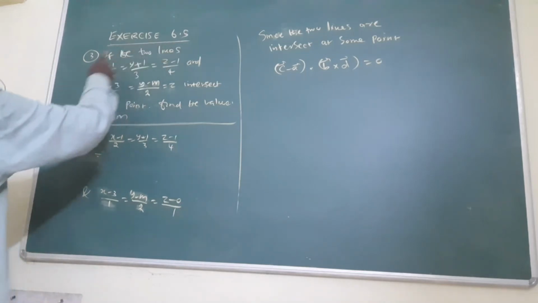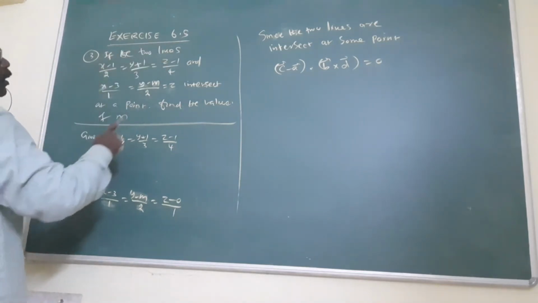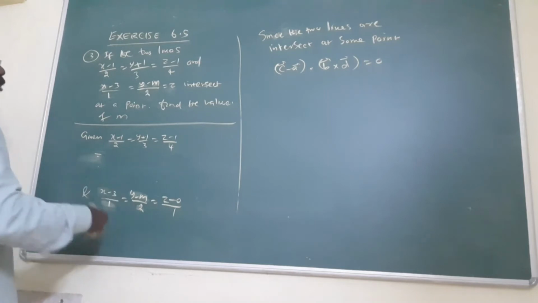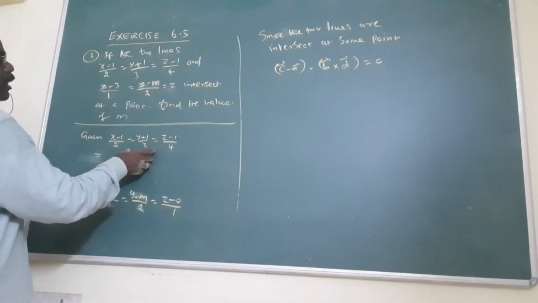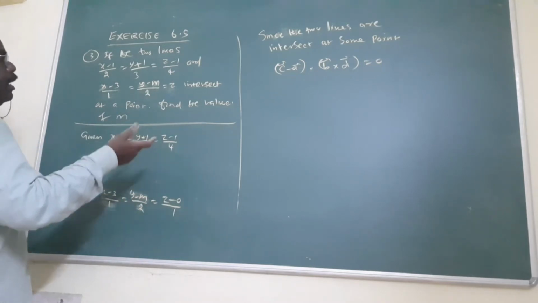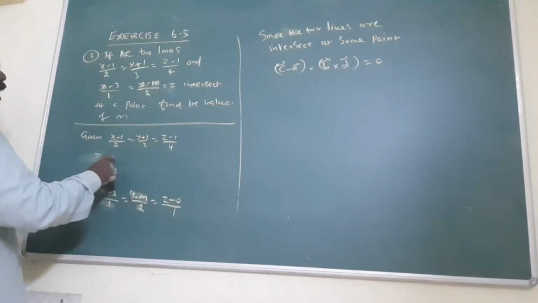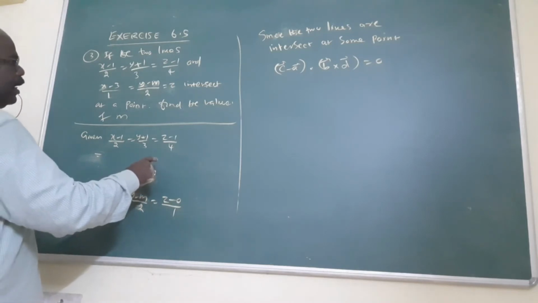Now, exercise 6.5, third question, another model. The same thing only. This is converted into a vector equation. The vector equation is r vector equals a vector plus s into b vector.